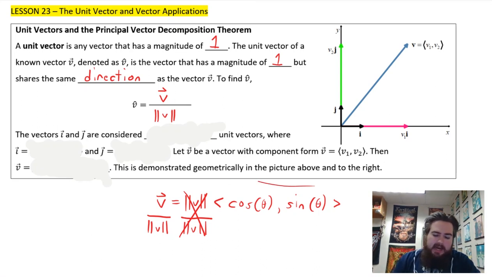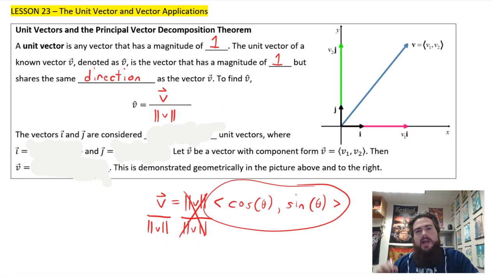All you will have remaining is a vector defined by cosine of theta and sine of theta. And when you have values of just cosine of an angle measure and sine of an angle measure, then you are going to get ratios that fit within the unit circle, i.e. a unit vector, something that fits within a unit circle of radius 1, so therefore it has a magnitude of just 1. So that's how you can find a unit vector for any given vector.